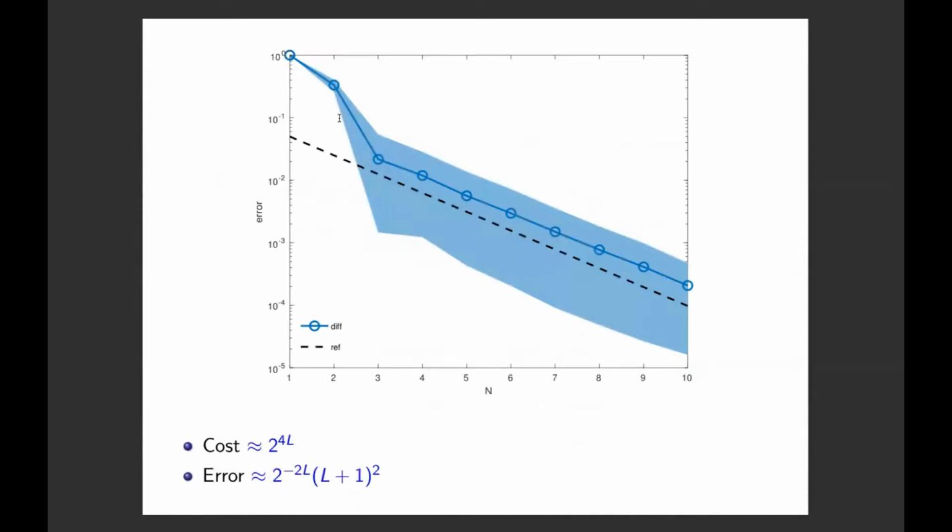And we see that the error versus work converges with the correct order here, which corresponds to our theoretical results.